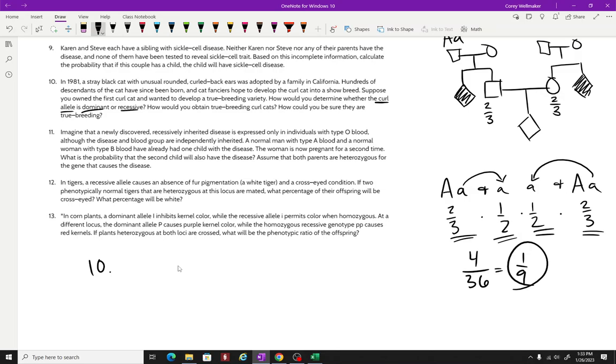Let's use U for curl. Well, that looks the same. I'll use R. All right, so the cat is curl. And then I have a cat, no curl. All I'm going to do is mate a curl cat with a no curl cat to produce the F1 and just see what they look like.